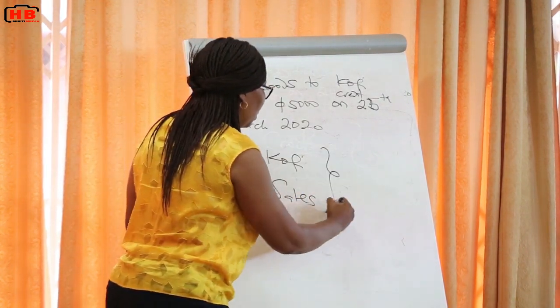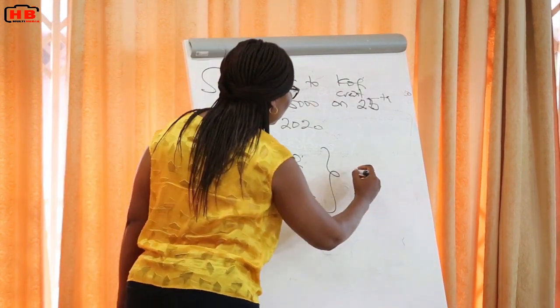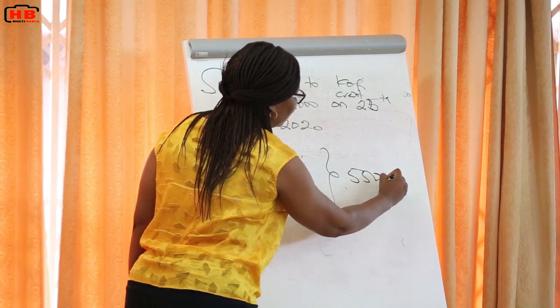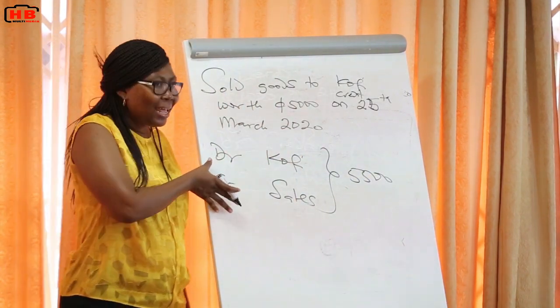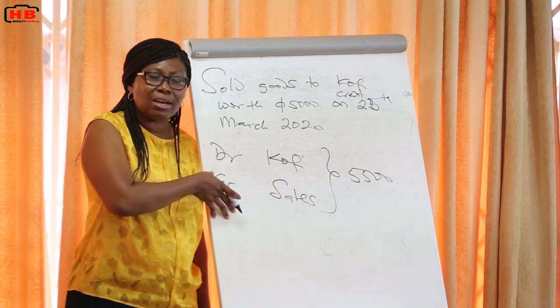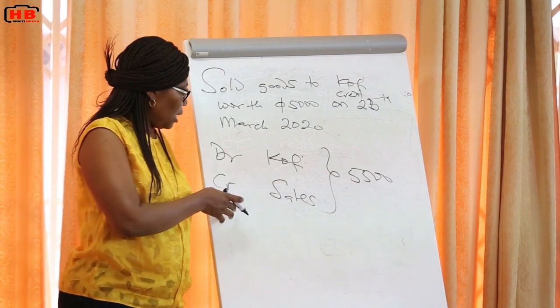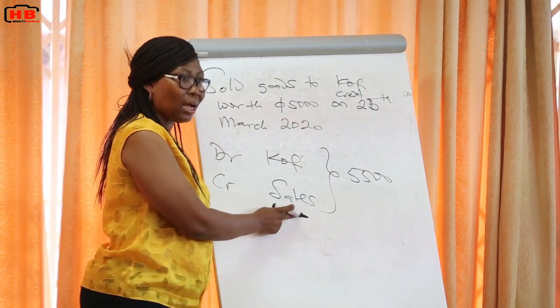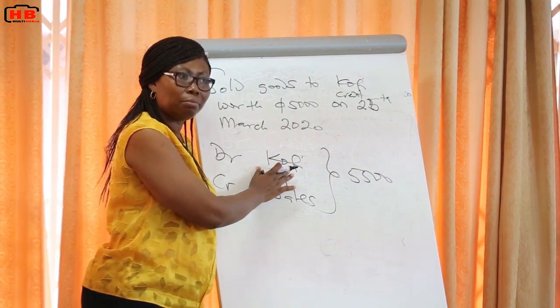Assuming we were putting 5,000 and instead of 5,000 we debited it with 500. This is clearly an error that will affect what? The balancing of the trial balance. Either we have overstated our sales or we have overstated Kofi's what? Balance.